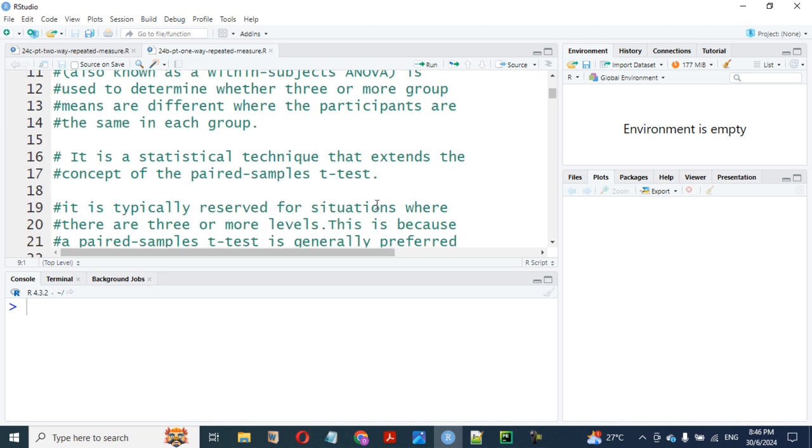If you understand the paired sample test, it's very simple to understand. No difference. The only difference is that a paired sample test deals with two samples or two groups, while this one deals with more than two. That's all. It means the same specimen in a paired sample is repeated twice, first and second time. We call it paired because there are two.